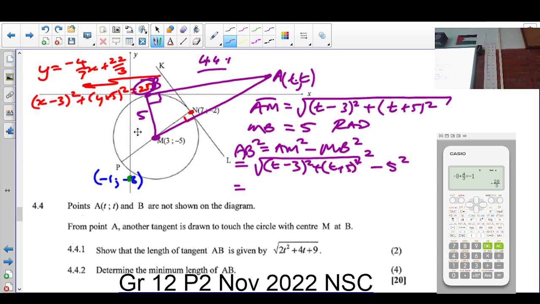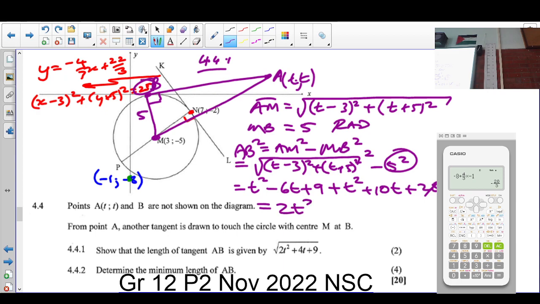Okay, so square both sides. t minus 3 all squared is going to give you t squared minus 6t plus 9, plus t squared plus 10t plus 25, minus 25. That cancels.